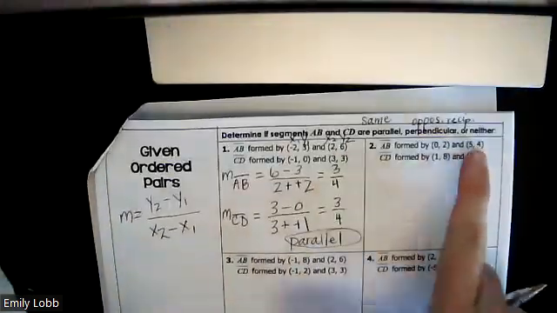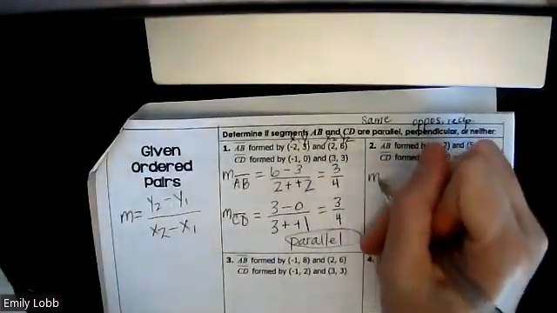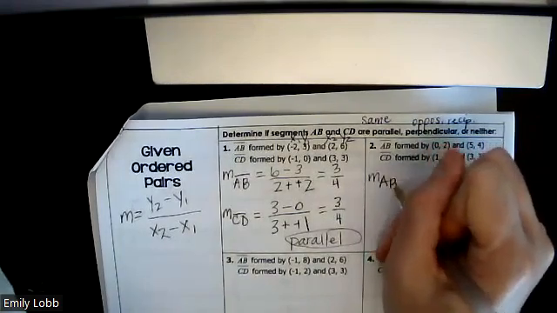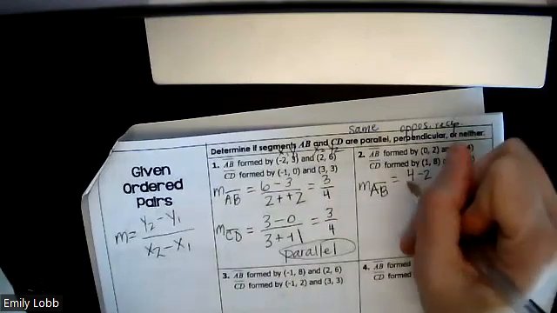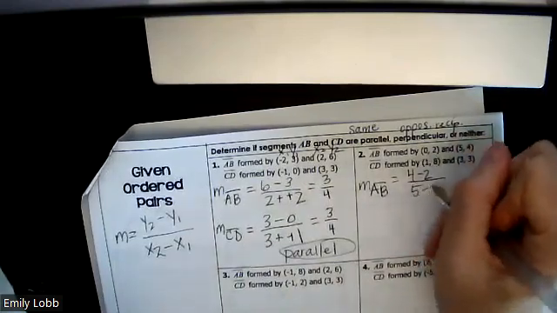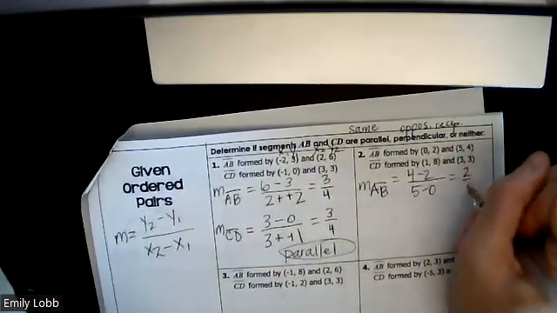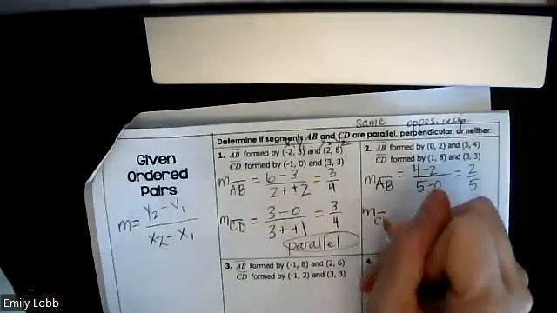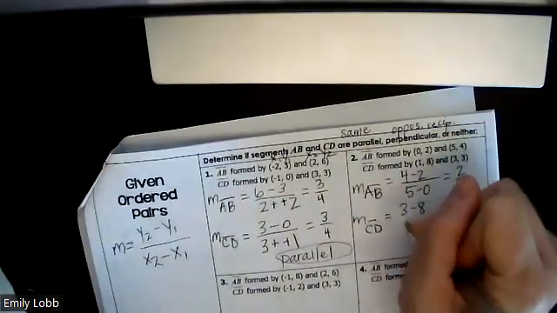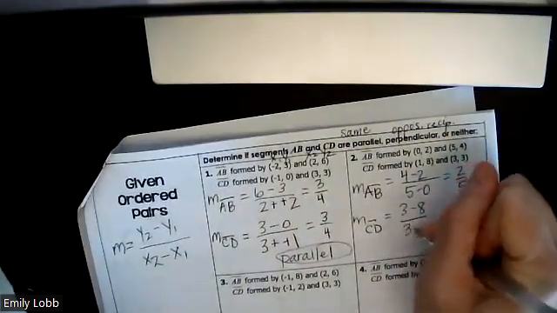So we're going to say 4 minus 2. This is the slope of AB. So 4 minus 2 all over 5 minus 0. So we have 2/5. The slope of CD is equal to 3 minus 8 all over 3 minus 1.